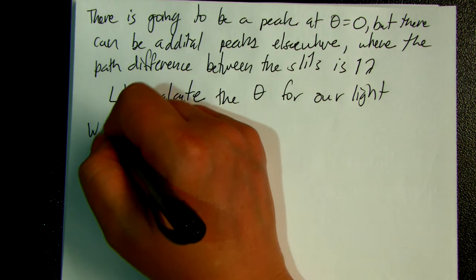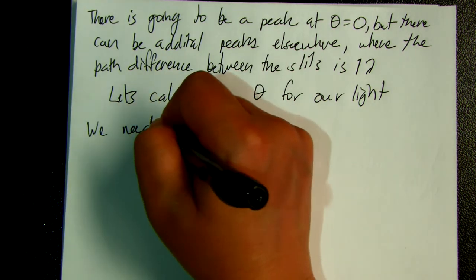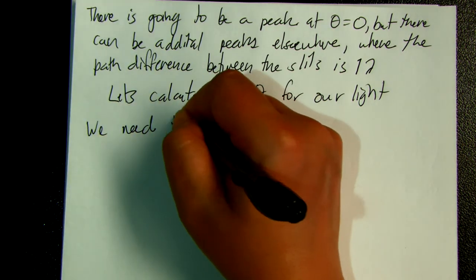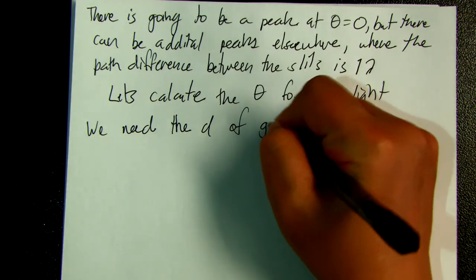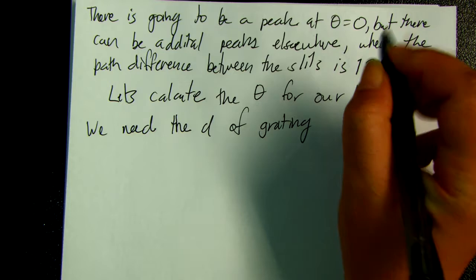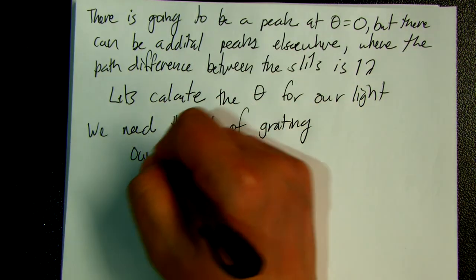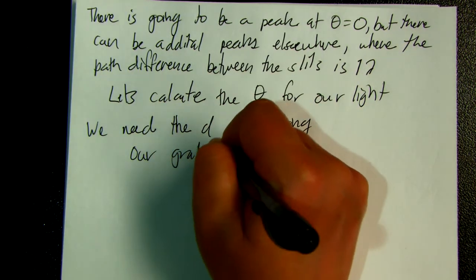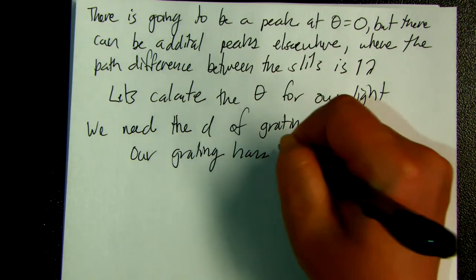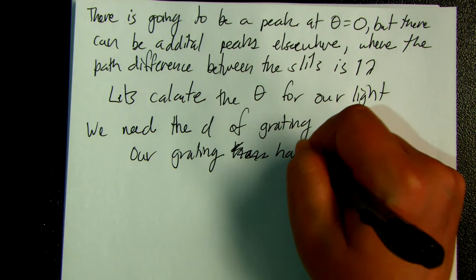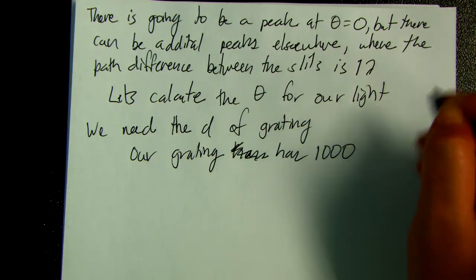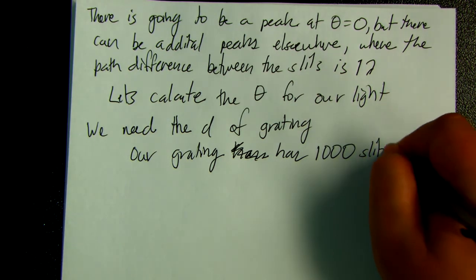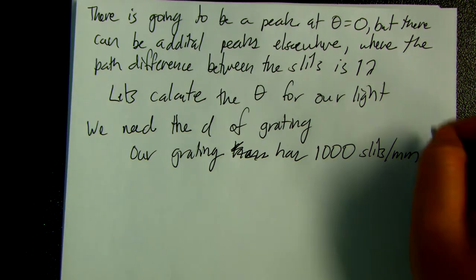And for this, we need the d of our grating. So this is the distance between the slits. Our grating has, and you will get this if you look at a diffraction grating, they will tell you this information, 100 slits per millimeter.